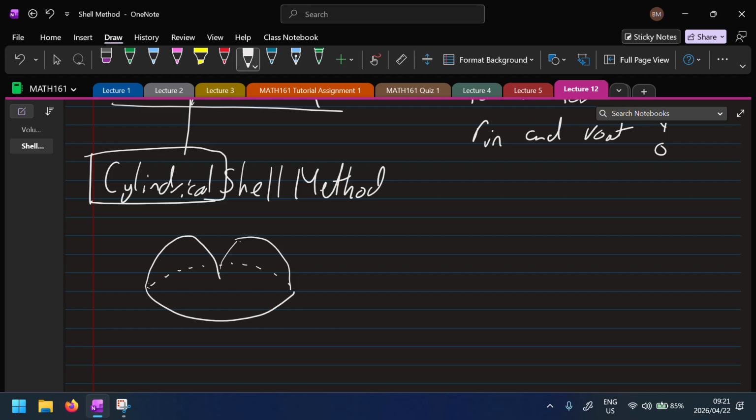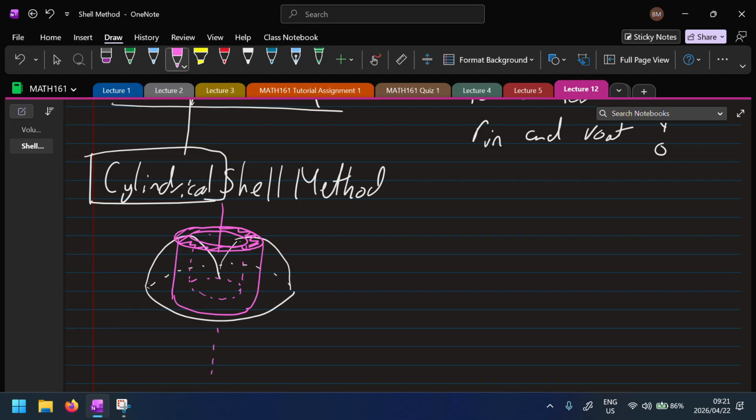We've got this axis going through the middle here, and we're going to imagine a cylinder going around. The cylinder has a little bit of thickness to it. Does everyone see that? So it's a cylinder, but it's slightly thick.